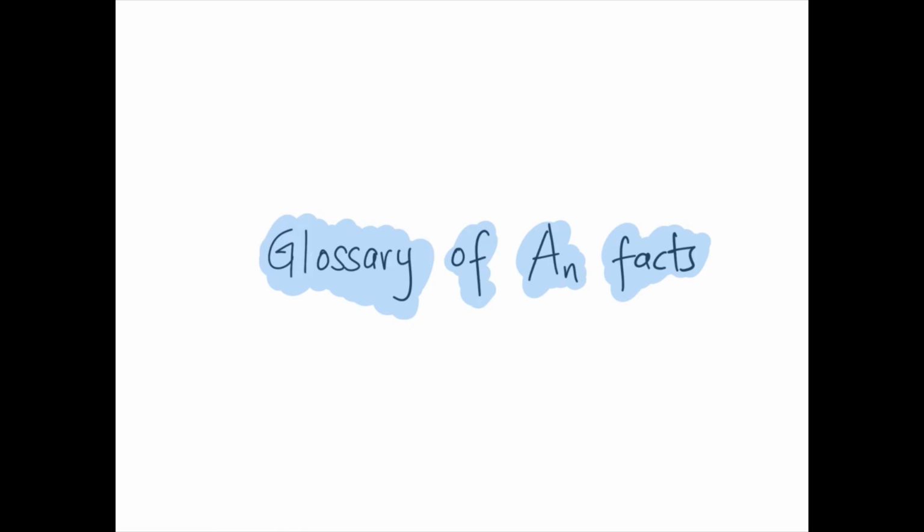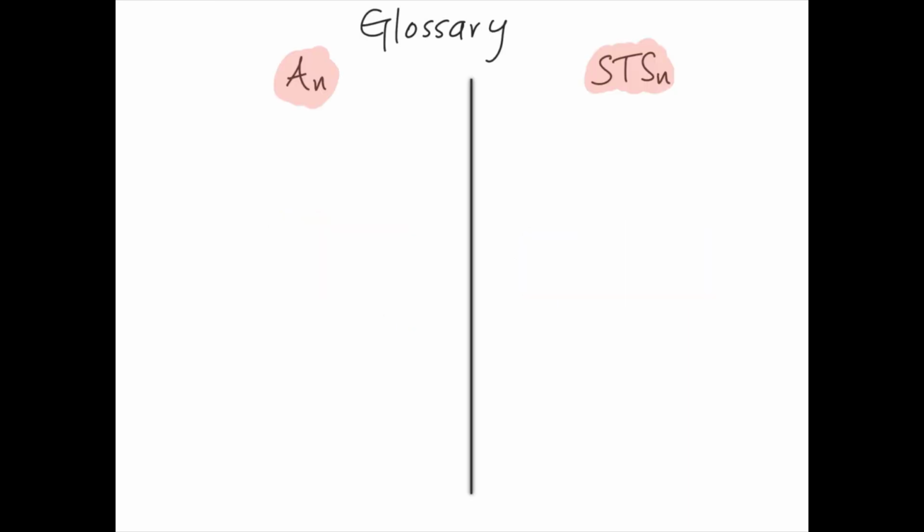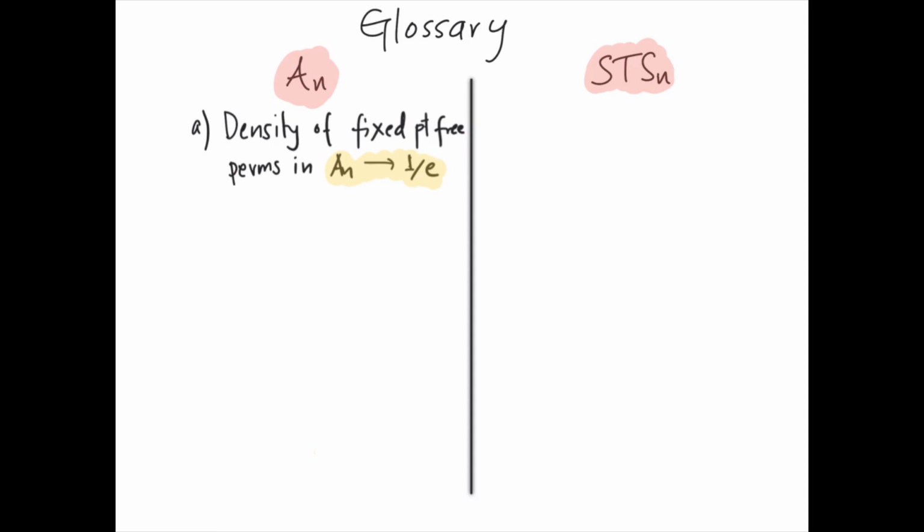So let me end by giving you a glossary of facts from the alternating group. The first fact is that the density of fixed point free permutations in An converges to 1 over e. And it's actually fairly easy to see this. What you do is you start with any number from 1 through n.